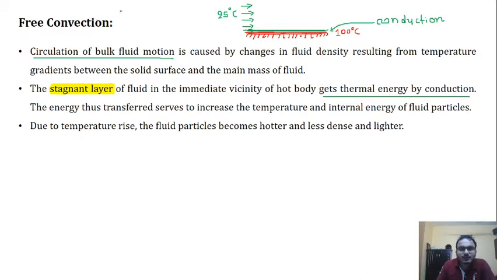So whenever there is an increase in temperature, there will be a decrease in density. You should remember this portion. As the temperature increases, it becomes lighter, and as you know, light air will move upward.